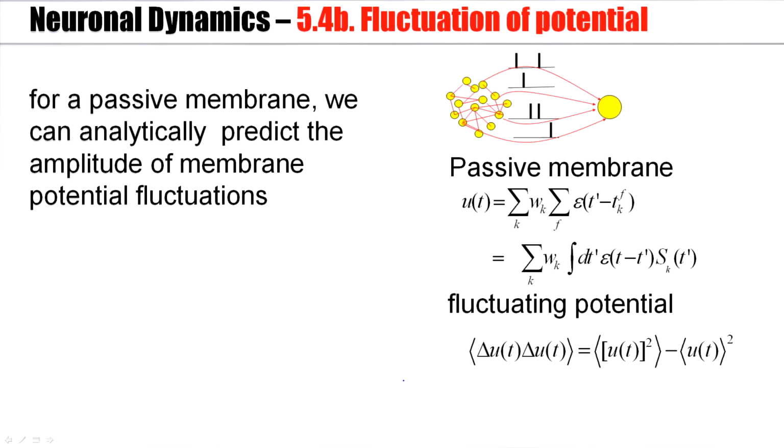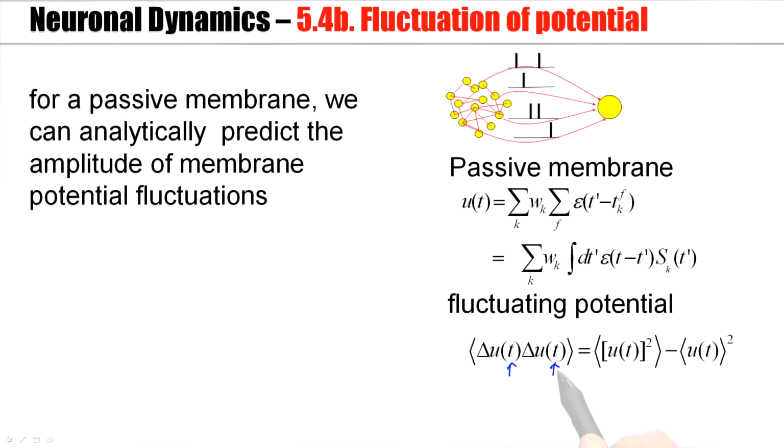Now let's put things together. We said for some arbitrary signal, if there's a filtering process, we can calculate the mean and the fluctuations. We can calculate the mean and the autocorrelation. The fluctuations, if I evaluate this at the same time, then this gives the size of the fluctuations.